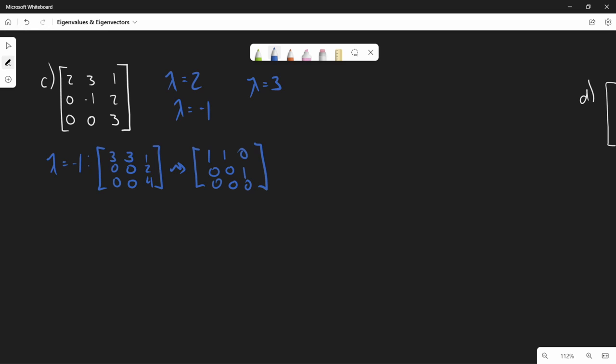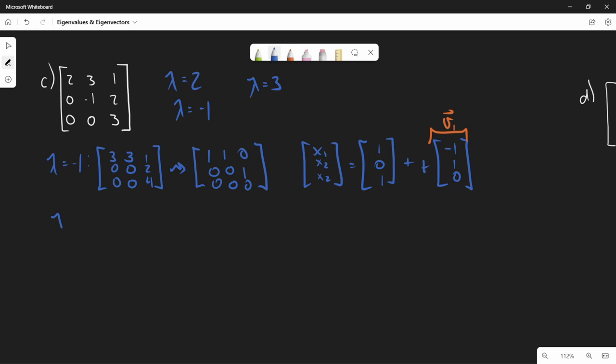So we can see the dimension of the kernel is equal to 1, which is good. It's expected. And so we'll have our solution x1, x2, x3 equal to 1, 0, 1 plus t times negative 1, 1, 0. This part will be our eigenvector, and this will be v1.